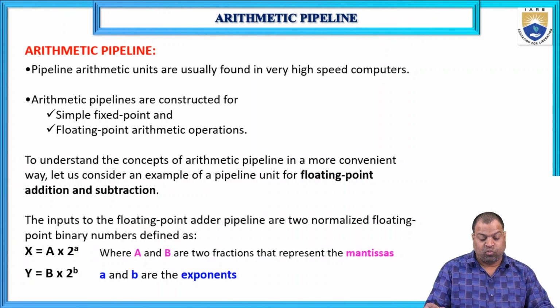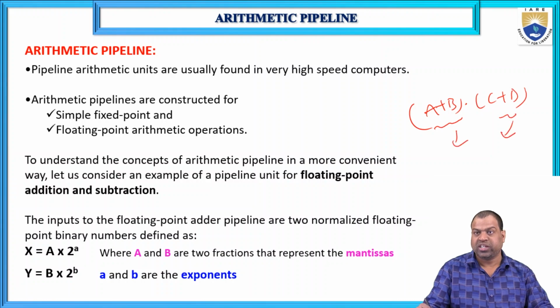So here, what is arithmetic pipeline? Suppose we have to do multiple operations. Suppose A plus B into C plus D. It is possible to do A plus B at a time and C plus D at a time. So A plus B and C plus D we can perform in parallel.